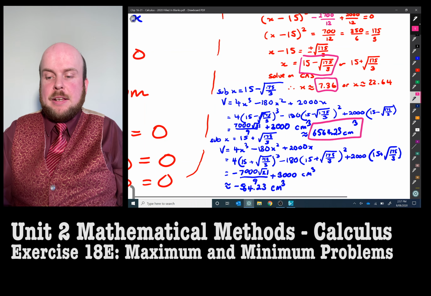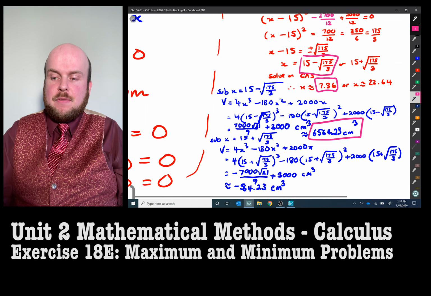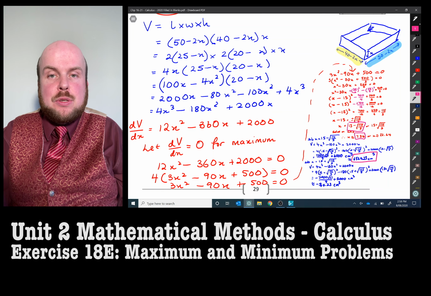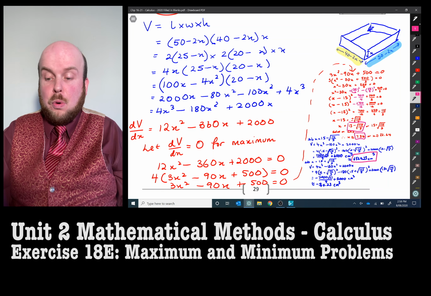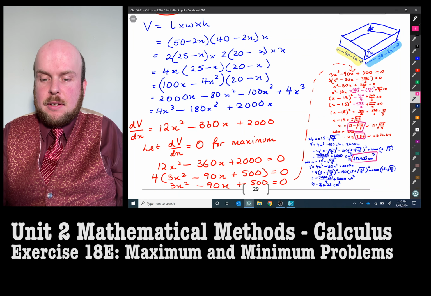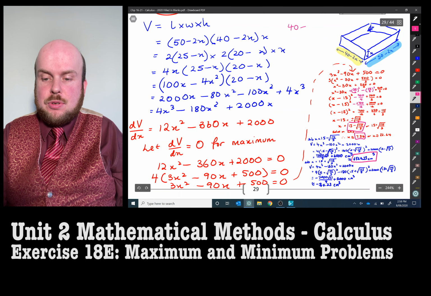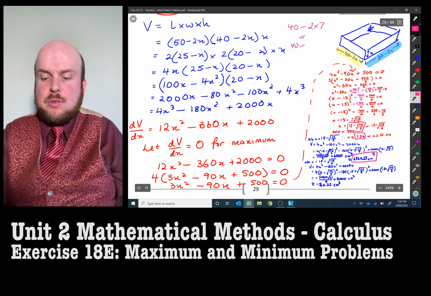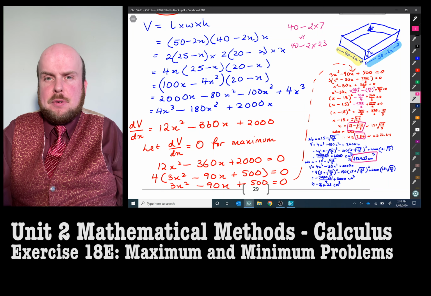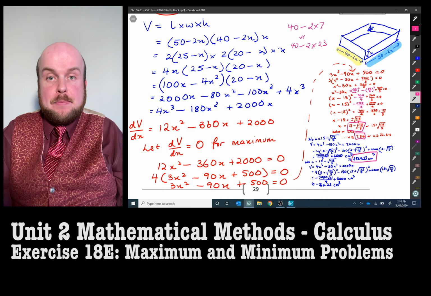You could have also seen if this would result in a larger volume by looking at the original drawing. If you were just to approximate, so for example, let's just say x was equal to 7 or x is equal to 23, substitute back into the dimensions. 40 take away 2 times 7 versus 40 take away 2 times 23. 2 times 23 is going to get me 46. 40 take away 46 gets me a negative dimension.